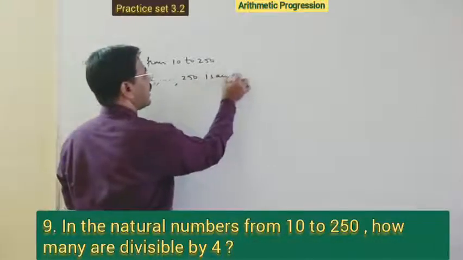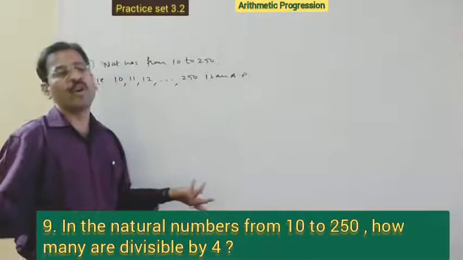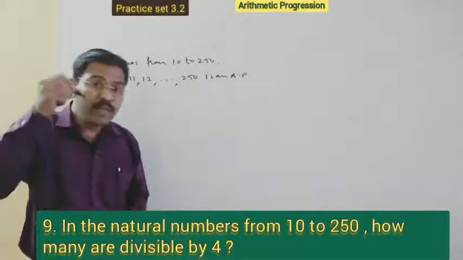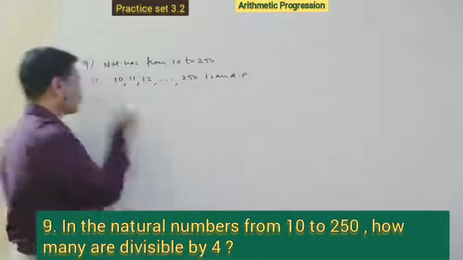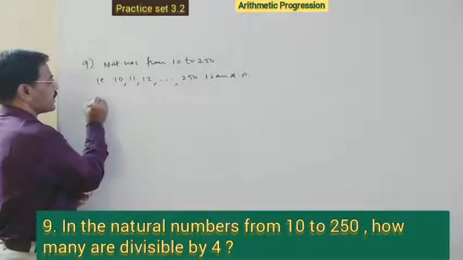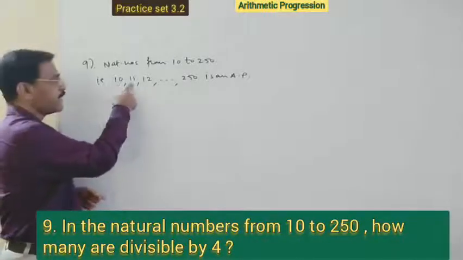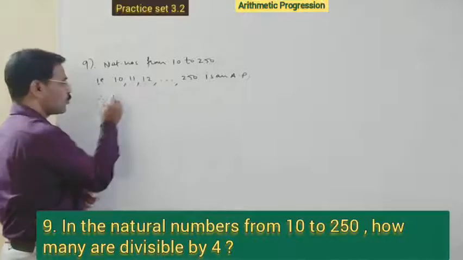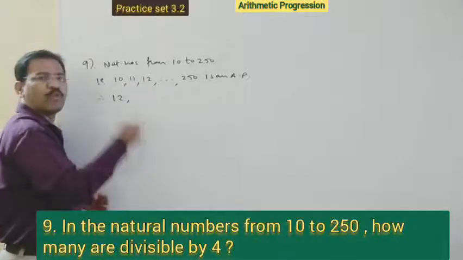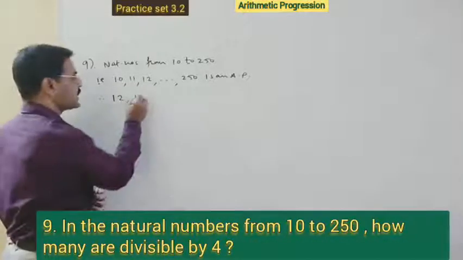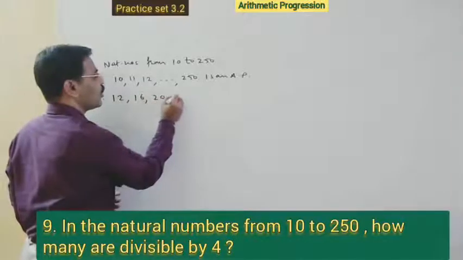It is an AP, obviously, because all are natural numbers. Now divisible by 4. So look here, the first term 10 is not divisible. So 12. Divisible means we only have to add 4. This is 12, 16, 20 and so on.